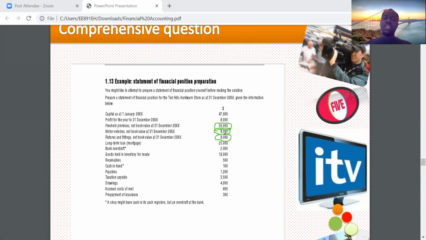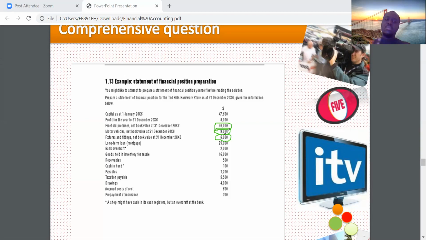Fixtures and fittings, 8,000. So when we say net book value in accounting, every non-current asset has a cost, the cost of the asset. Then all of them except for land go through depreciation. So these non-current assets depreciate.